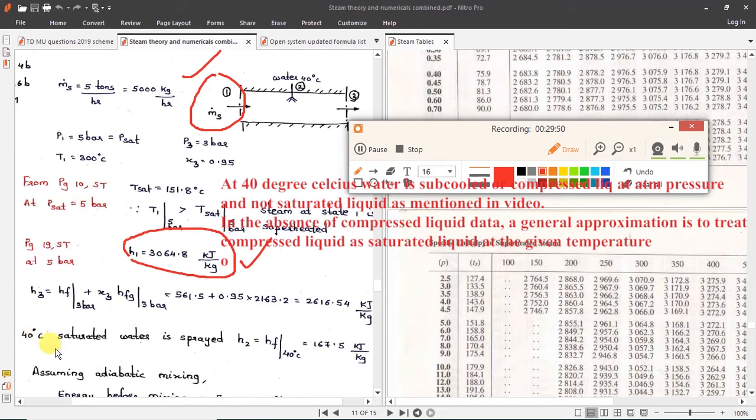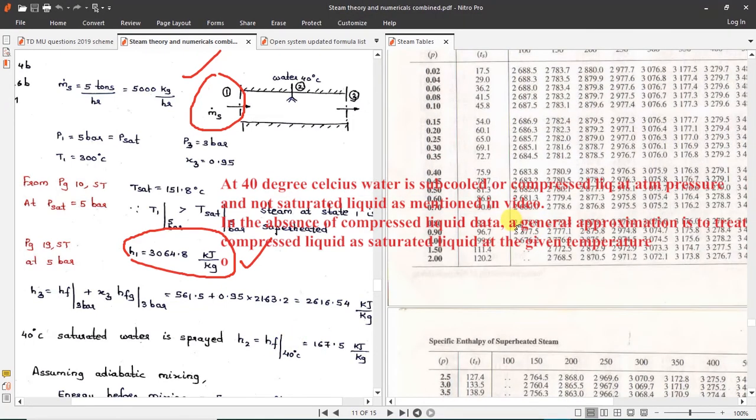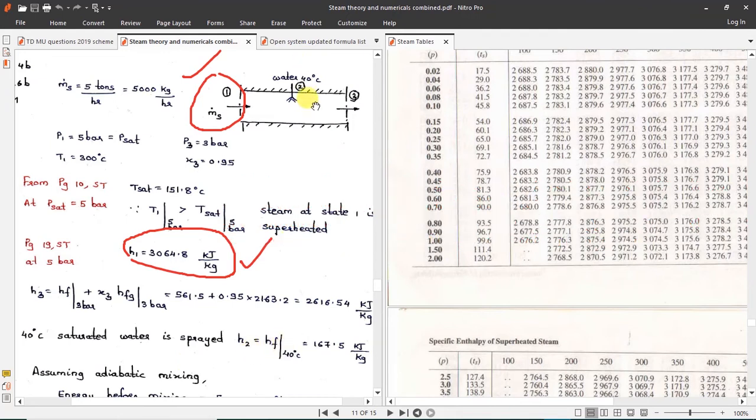Now even if you consider atmospheric pressure, that case also this value doesn't vary much. We will see this concept later. So you can consider the water which is sprayed as saturated water, HF at 40. Since the temperature is known, we will use which table?